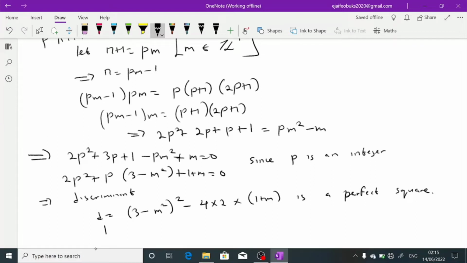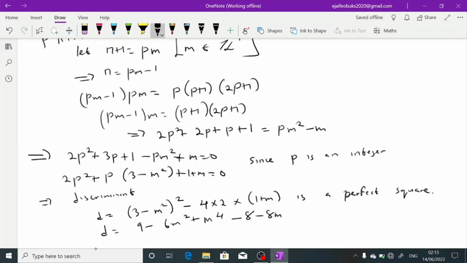You can expand this. D equals 3 minus m squared, all squared, plus 8 times 1 plus m, with the m to the fourth terms.